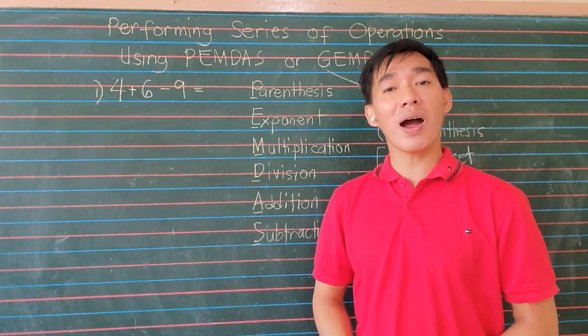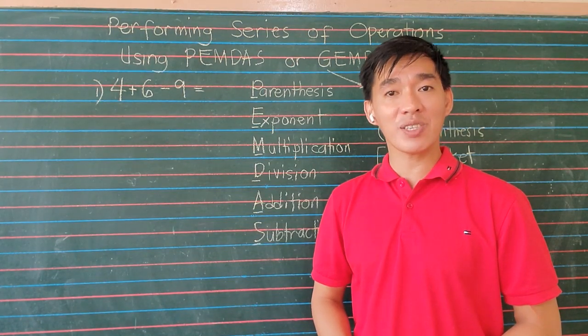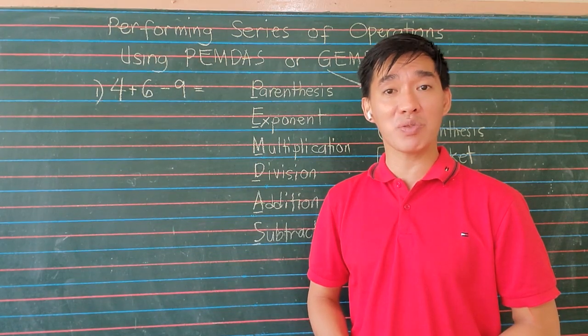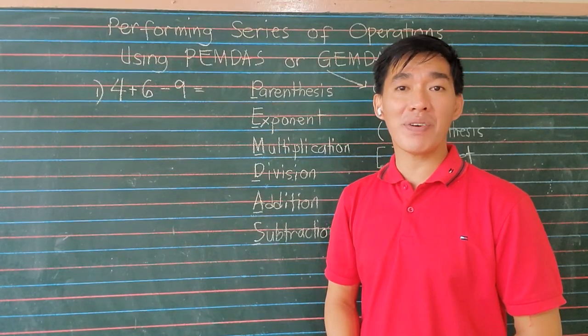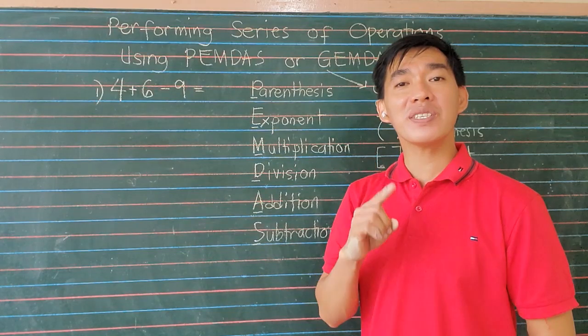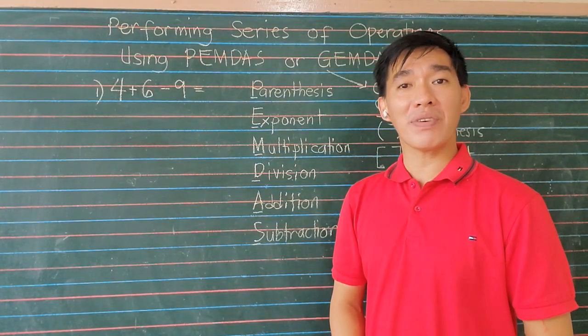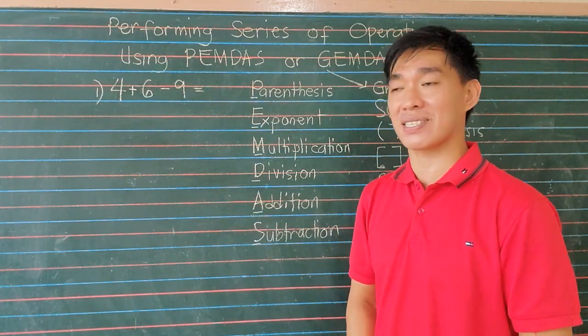Thus, in solving problems with series of operations, we always have to remind ourselves to always follow the PEMDAS or the GEMDAS rule. You follow the steps religiously in operating problems with series of operations. The first thing that you have to do is solve numbers with operations inside the parentheses or any grouping symbols.